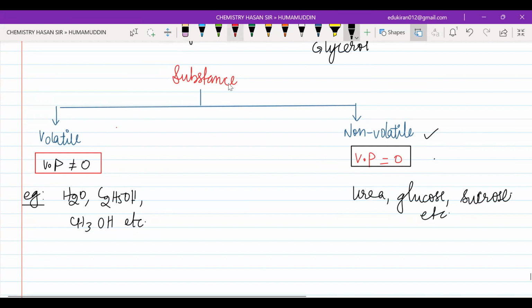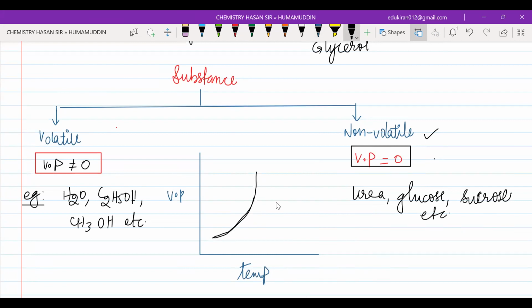If you are going to plot a graph between vapor pressure and temperature, the graph will be like this. First, it increases with increase in temperature. Vapor pressure also increases.